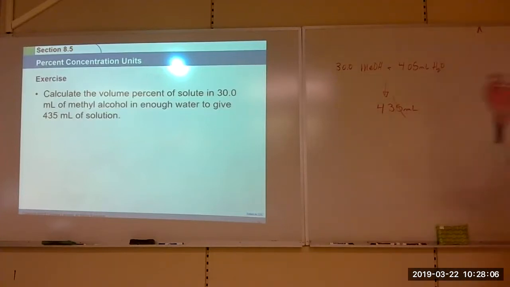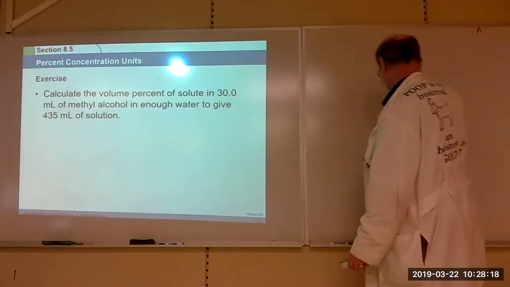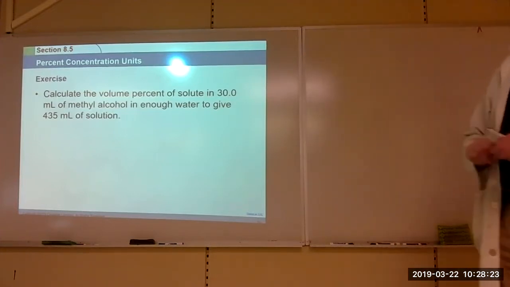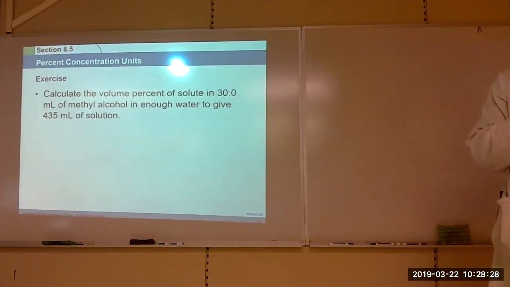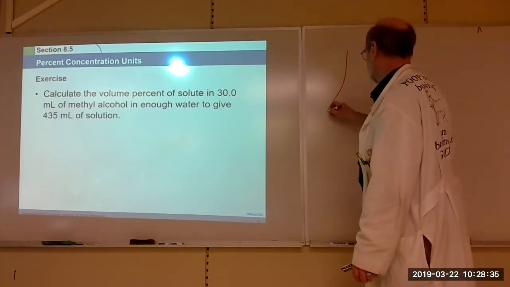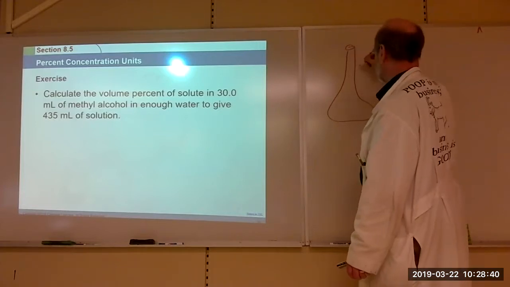Now with mass, you got what you got. But with volume, you got holes in there for the solute to fit in. That's why when we make a solution based on molarity, we use volumetric glassware. You may have seen this stuff.